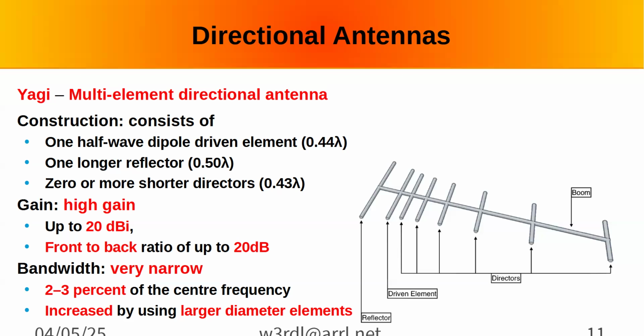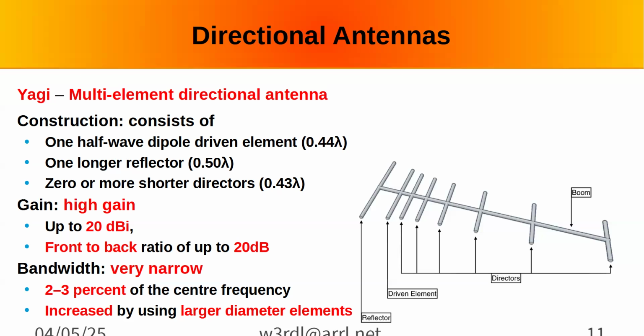And it has to do with phasing of all these different elements. The reflector is typically longer than the driven element. Directors tend to be smaller, and the farther away from the driven element, the shorter they get. So they increasingly get smaller. And the spacing changes. They get spaced farther and farther apart, depending on the distance from the driven element.